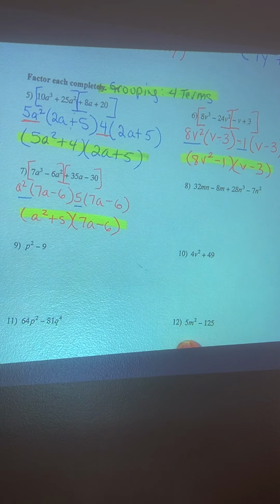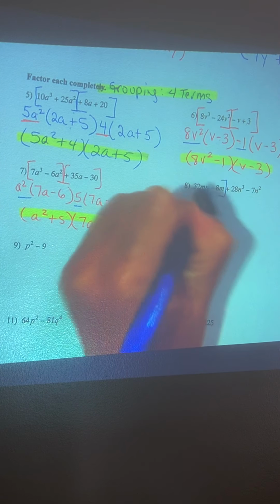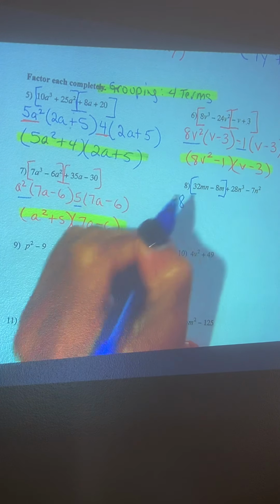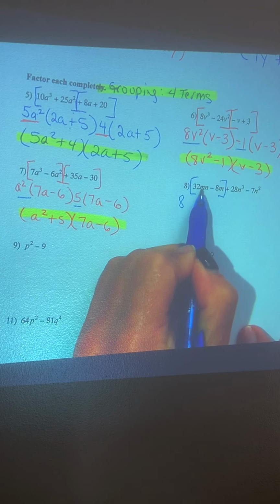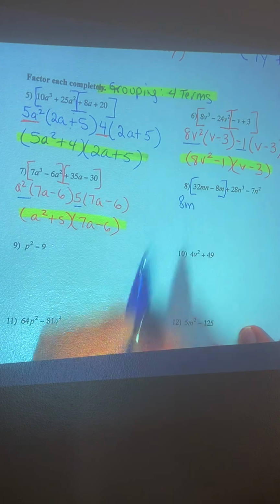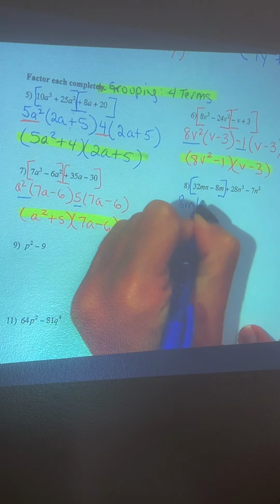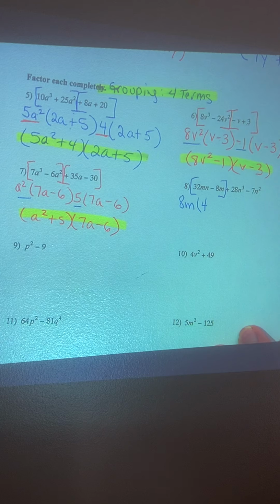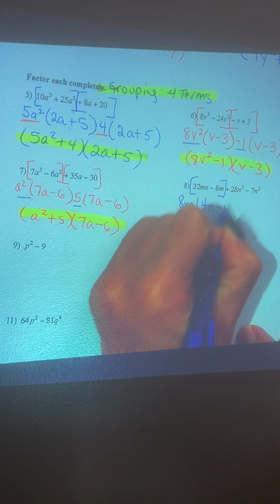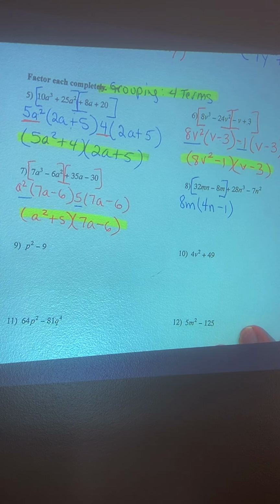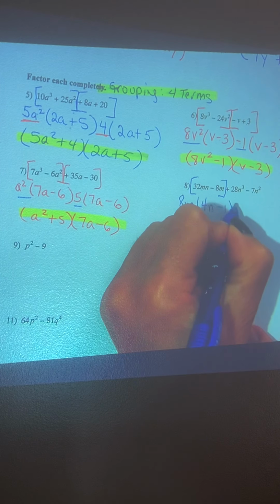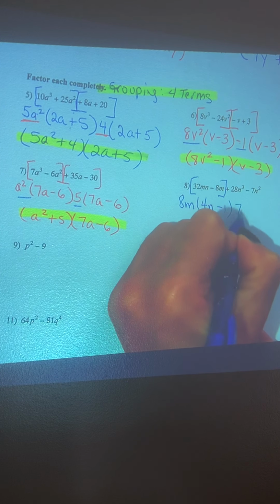And the last problem. Greatest common factor of the first 2 is 8. And then m and m is m. n and nothing is nothing. Divide your numbers, subtract your exponents. We're left with 4n minus 1. Greatest common factor of the second two is a 7 and an n squared.